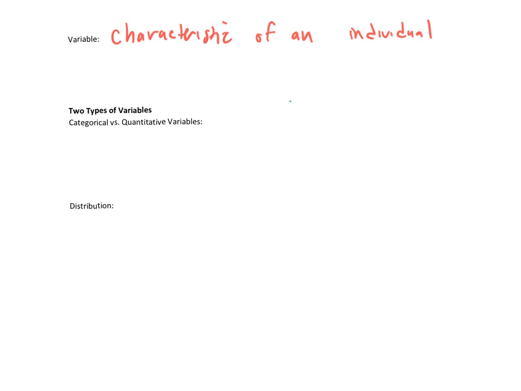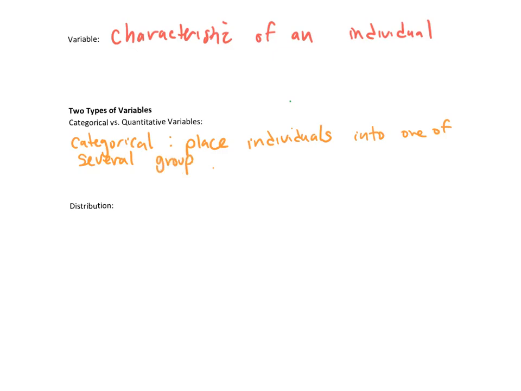But for us, a categorical variable places individuals into one of several groups. If those groups are favorite color, then everyone will go into one of those groups. I'm going to go into the group where red is my favorite color, or green, or blue, or whatever that may be. That's a categorical variable.